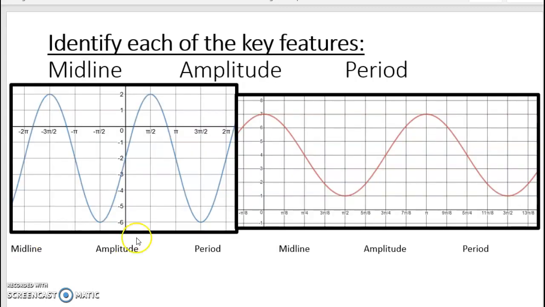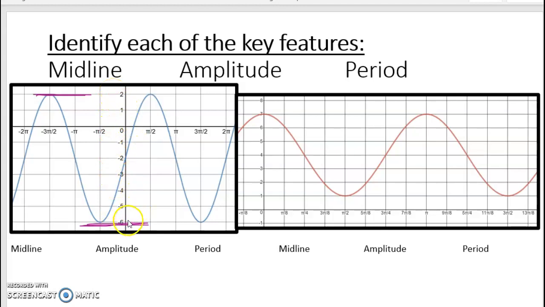Okay, so if you remember the success criteria, it said, given a graph, be able to identify your midline, amplitude, and period. So looking at this graph, I should be able to find my midline. To find my midline, I'm going to look at my max versus my min. My minimum is at -6, my maximum is at 2.